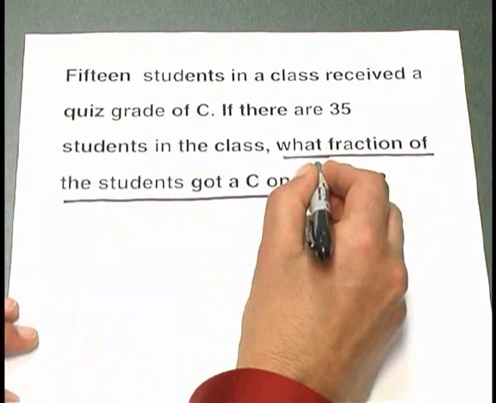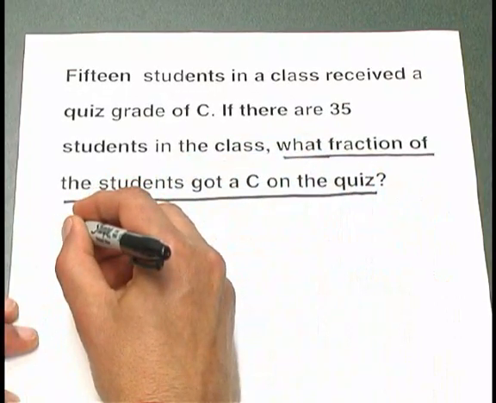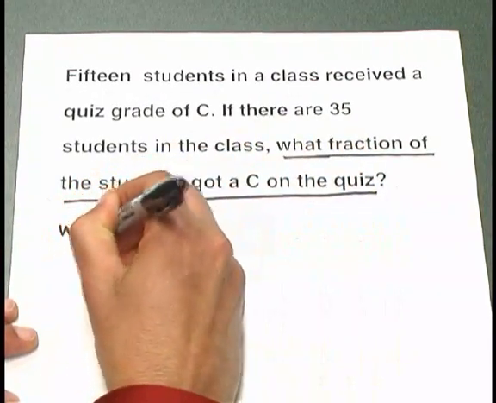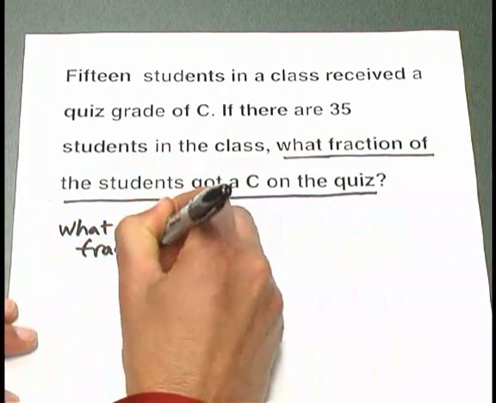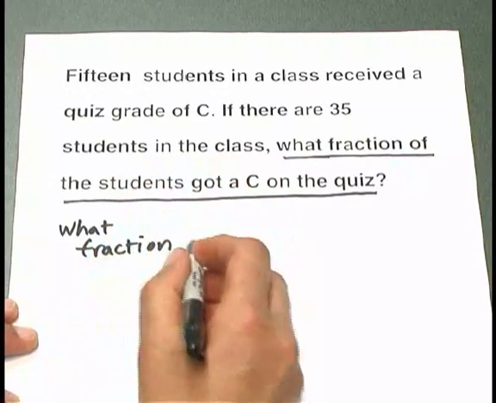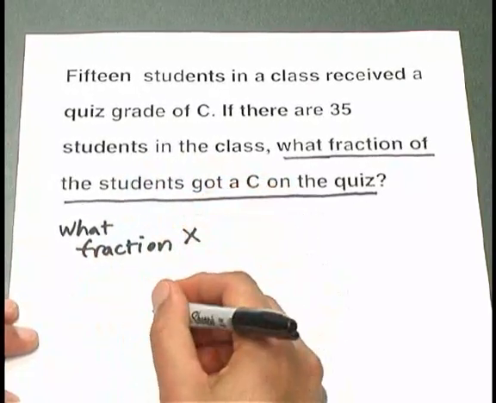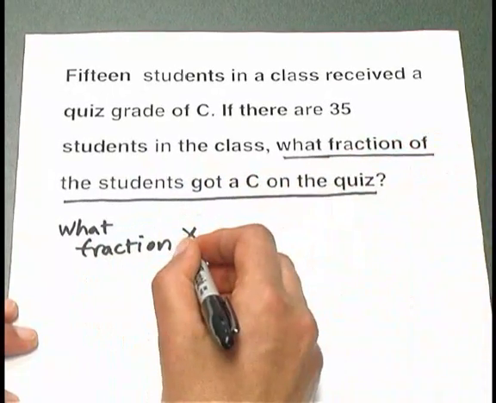This will be the basis of my word equation that I'll write below right here. What fraction of the students? Fraction of in this situation can always be translated as fraction times. Of is like times.